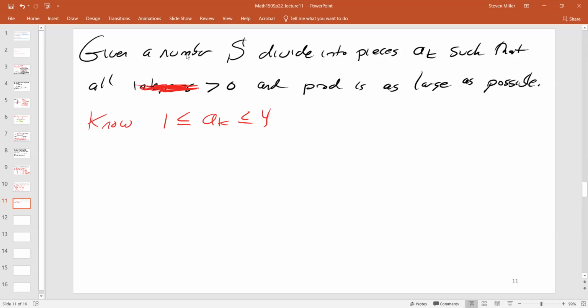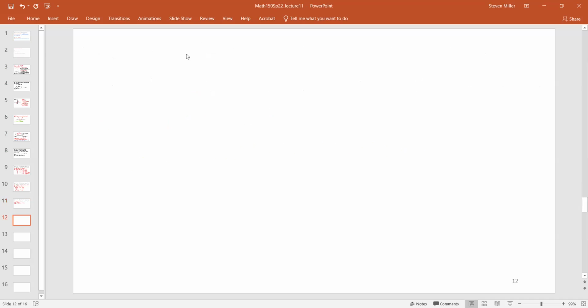So let's study n pieces. Do n equals 1, 2, 3, dot dot dot. For each n, let's figure out what the best we can do is. Then we'll look at all possible numbers of breaks and see which is best.